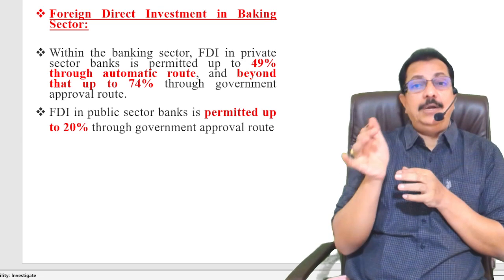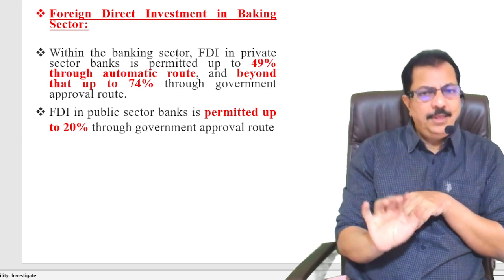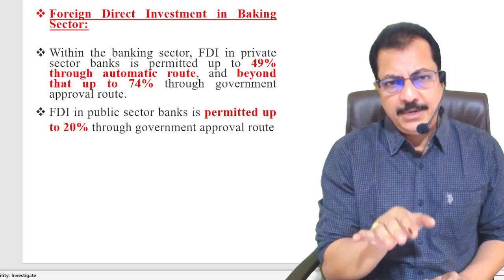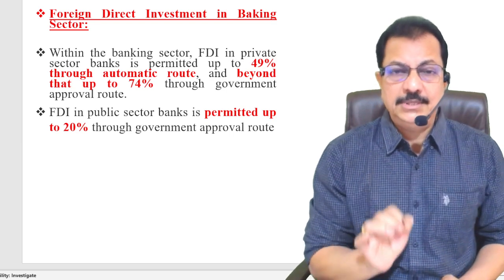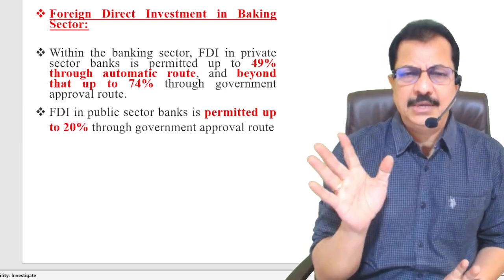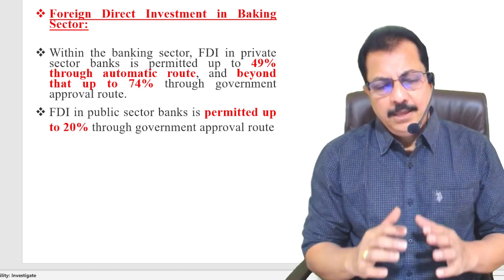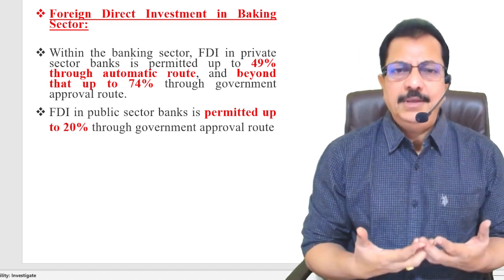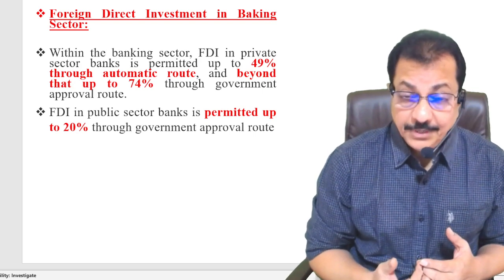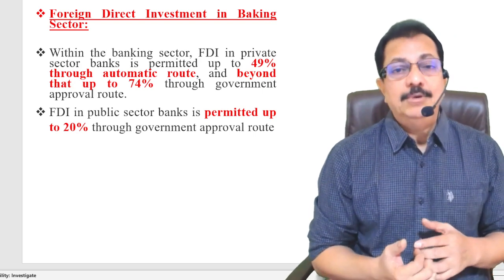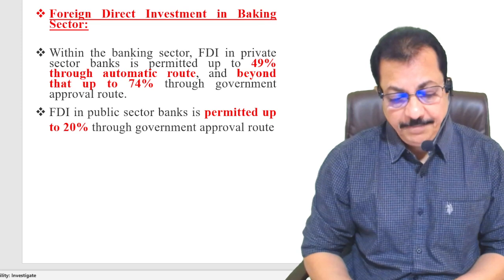When the government approval route comes into the picture, and when the automatic route is permitted, these will be the questions in the examination, and you must have clear-cut clarity on this. Similarly, is FDI permitted even in the public sector banks, even in the government banks? Very much permitted. But there is a limitation.